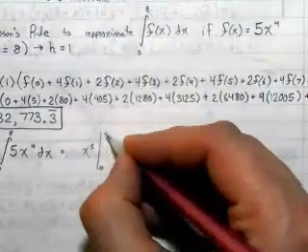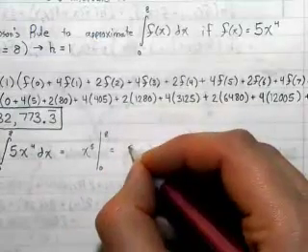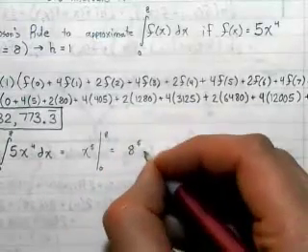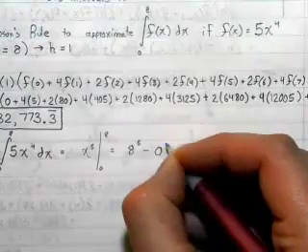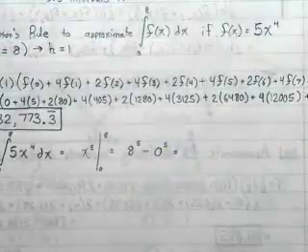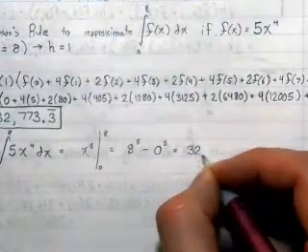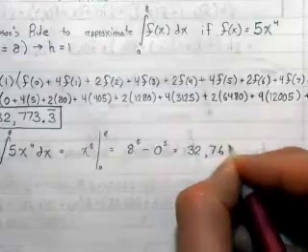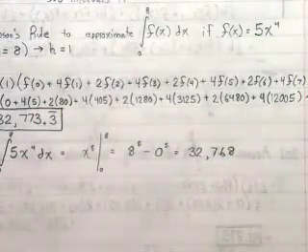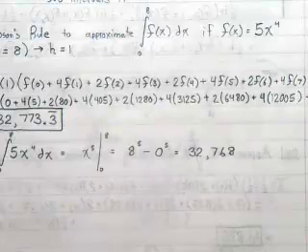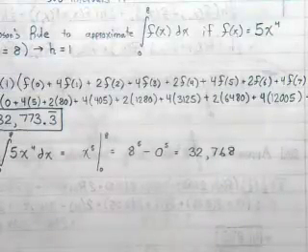So from 0 to 8, 8 to the fifth minus 0 to the fifth should be what we've got here. I've got 32,768. Pretty darn close when you consider that our first 3 digits are all accurate.